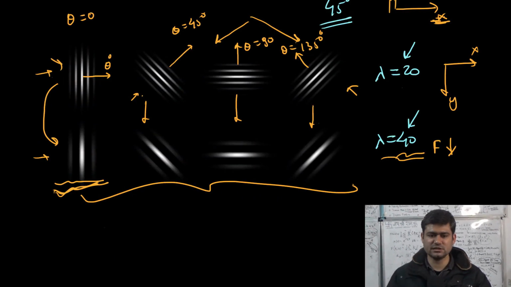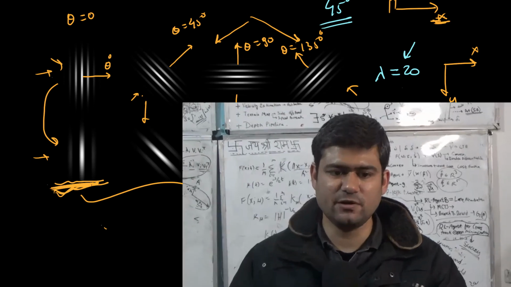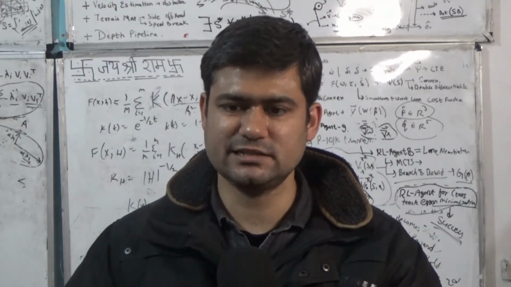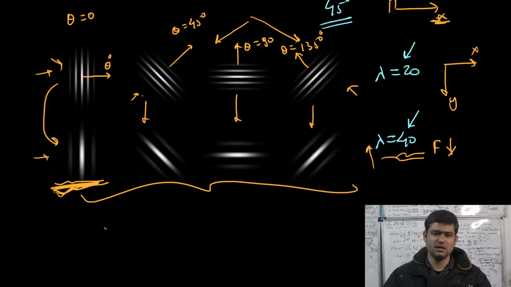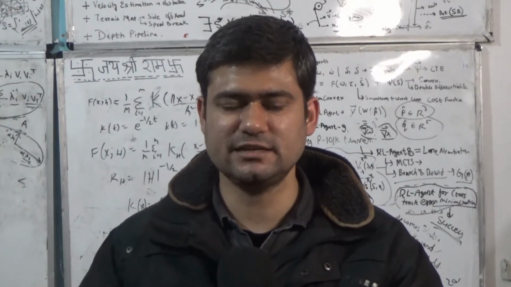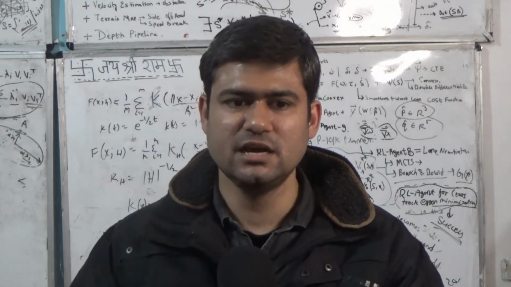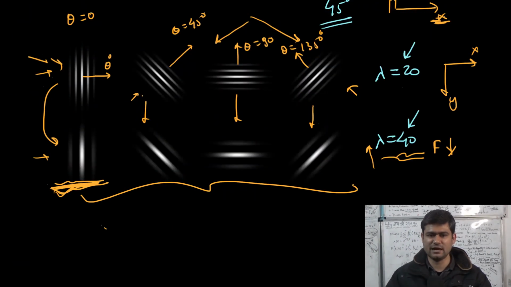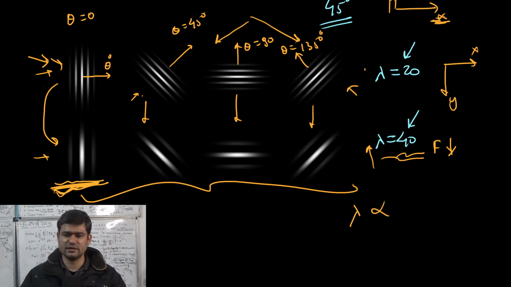If the feature is slowly varying, then we'll need the Gabor filter at lower frequency, that is at higher wavelength. And if the texture or the feature is fast varying, that is, it has high frequency components, then we'll need the Gabor filter at high frequency, that is at a reduced wavelength. So wavelength lambda is inversely proportional to the frequency.